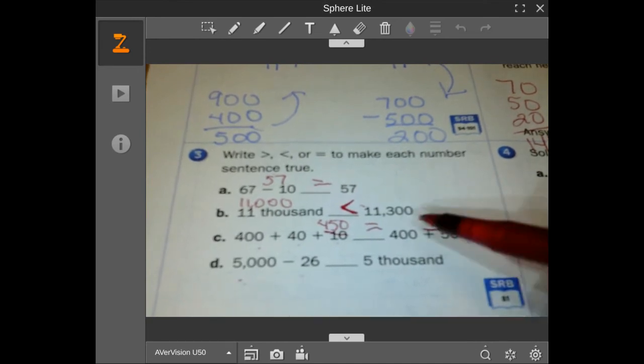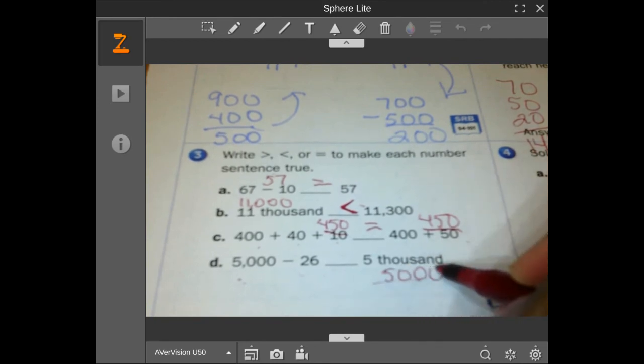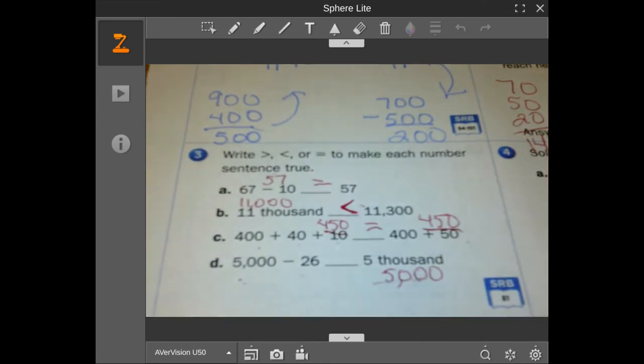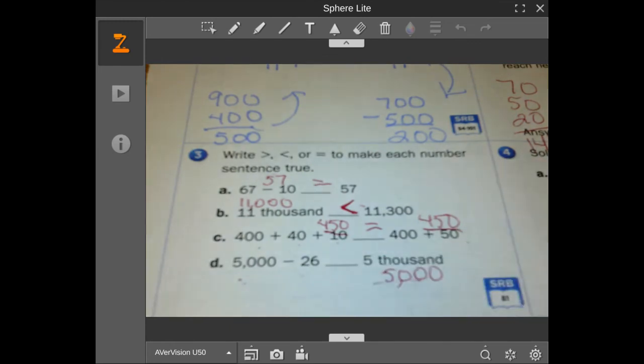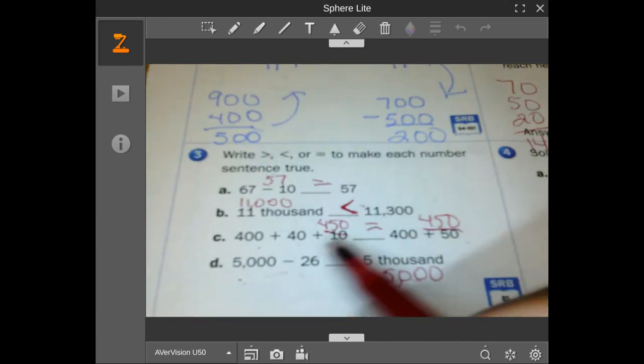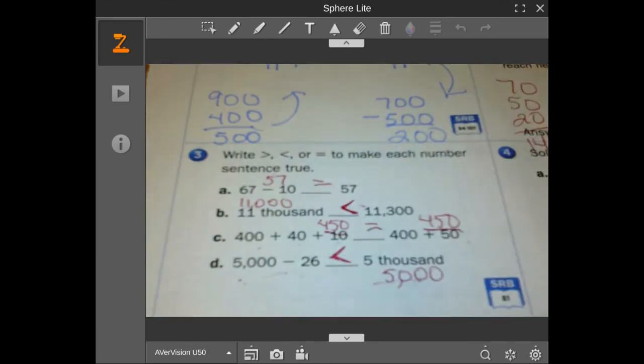Is that less than or equal to 5,000? Again, I'm just going to go like this just to remind myself. Okay, so we're thinking here, if you take 26 away from 5,000, do we actually have to solve it? No, because we know if we take anything away from 5,000, it's going to be less than. So 5,000 minus 26 is less than 5,000.